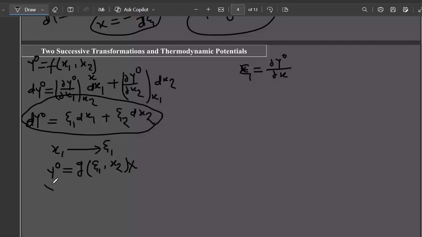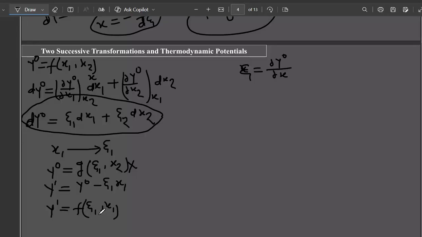Our function will be y1 if we convert zeta 1 by the Legendre transformation. This will be y0 minus zeta 1 x1, and y1 is the function of zeta 1 and x2. Again we can differentiate and get all these things here.